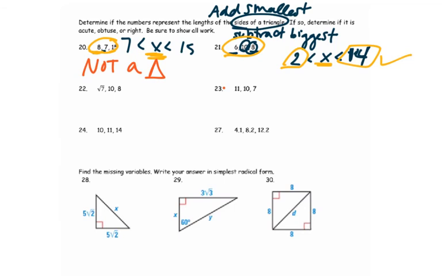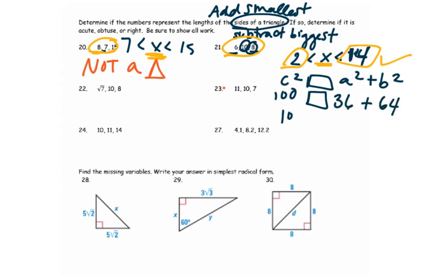So now what we have to do is compare c squared to a squared plus b squared. The biggest number is 10 squared, which is 100. A squared plus b squared. If they are equal, that means that this was a right triangle. So let's try that again with 23. 23 is a triangle.